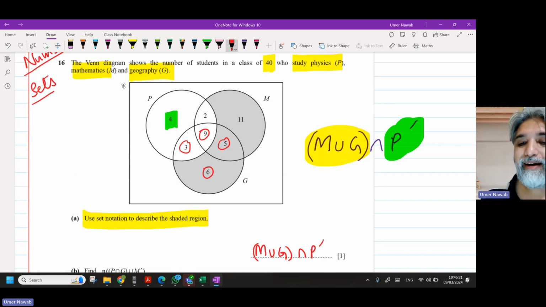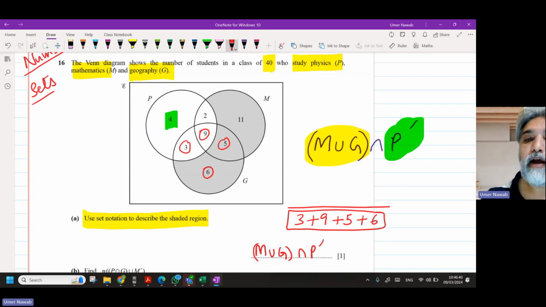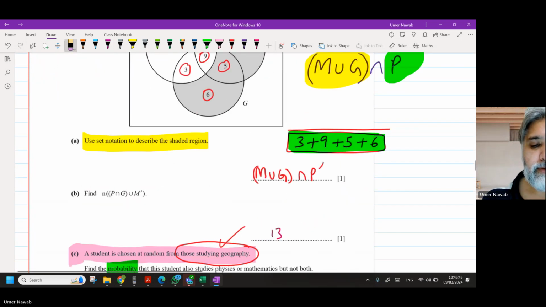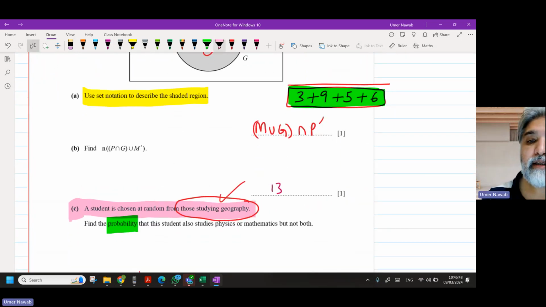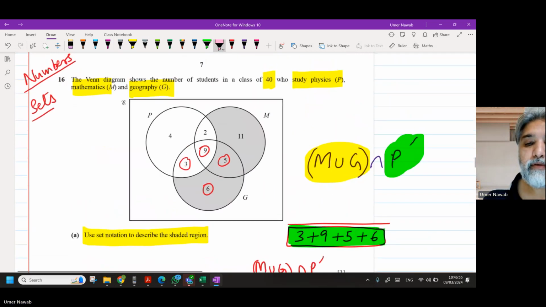So you need to add the total number of students who are in geography in the denominator, because now I am picking the students from geography. So out of these students, what he is looking at, he said a geography student who studies physics or mathematics, but not both.